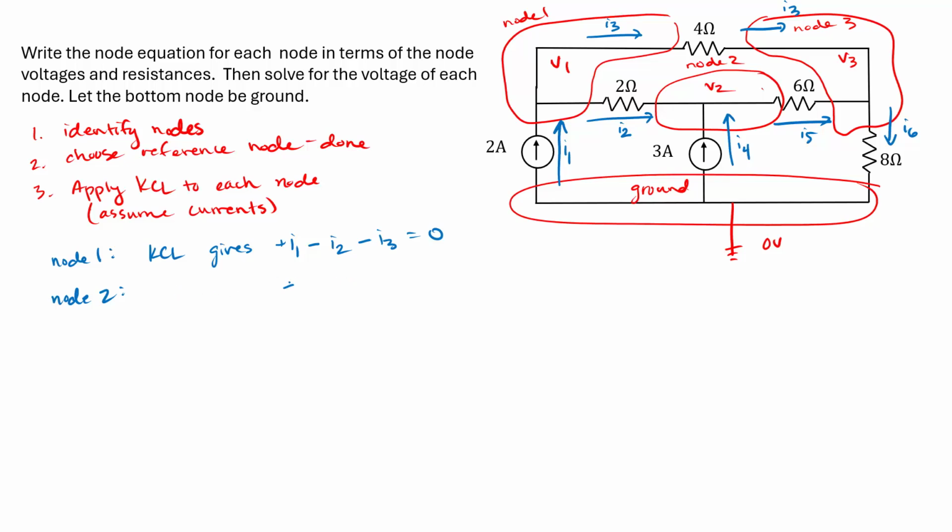So we will have plus I2 plus I4 minus I5 equals 0. And then next we have node 3. For node 3, we have I3 entering, I5 entering, and I6 leaving. So for node 3, we get plus I3 plus I5 minus I6 equals 0.